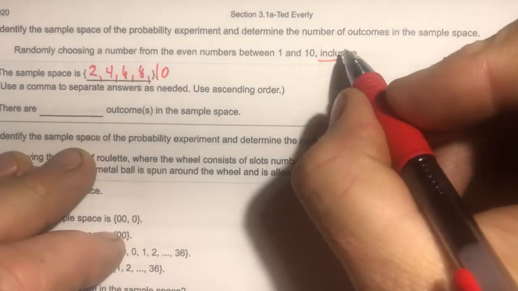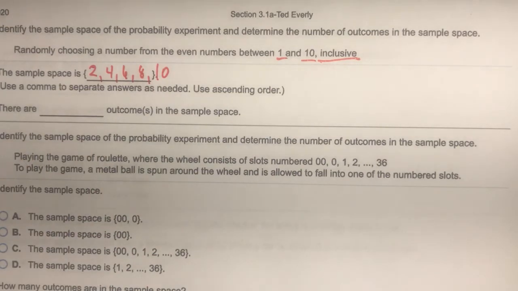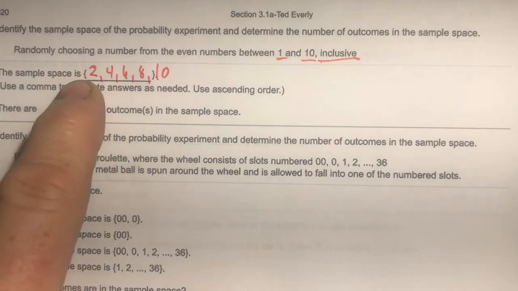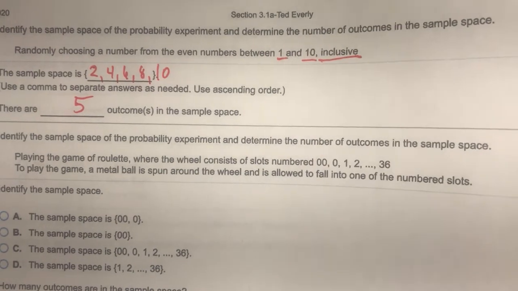It says inclusive, which means it includes 1 and 10. So that's my sample space. There are how many outcomes here? It looks like 5. There's 5 outcomes. Number 16.